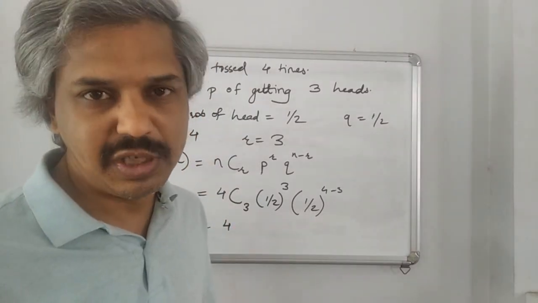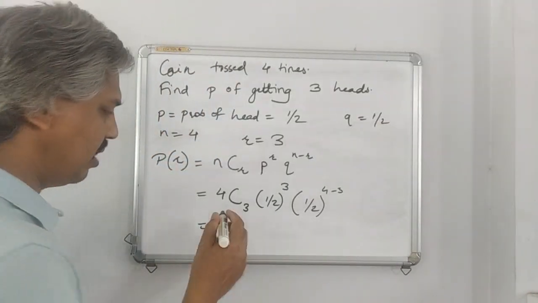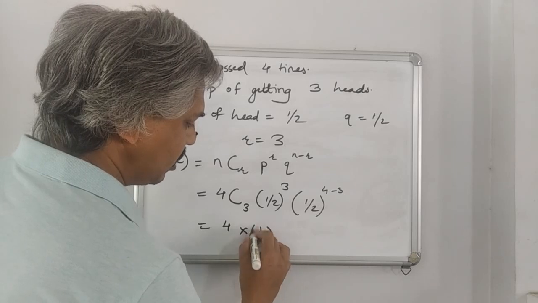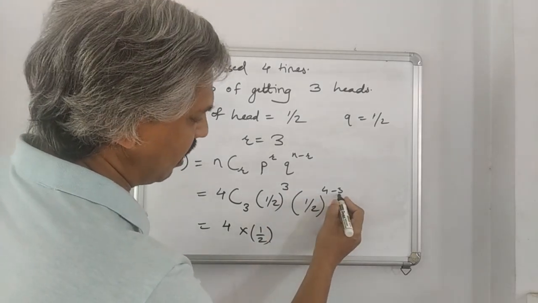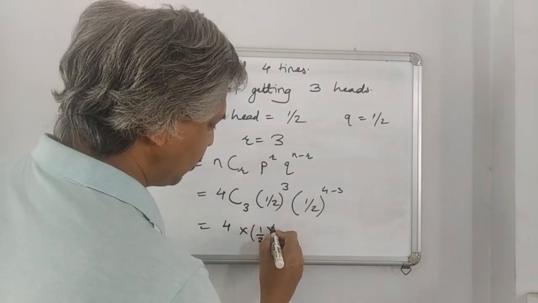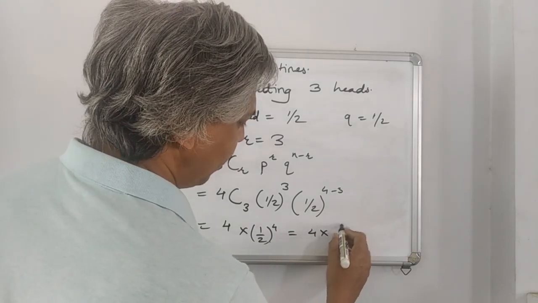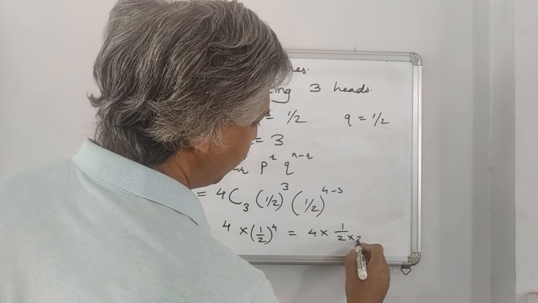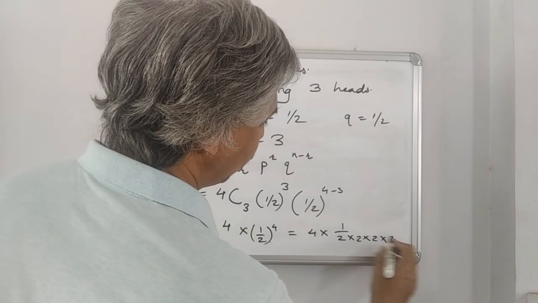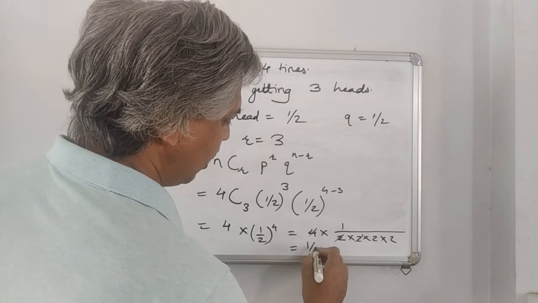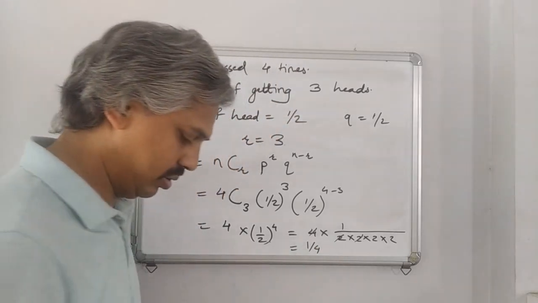If you fail to do that, please meet me, I'll tell you what to do with that. 4C3 answer is 4 multiplied by 1 by 2 raised to 3, and this will be 1. So 1 by 2 raised to 3 plus 1 is 4. 4 into 1 by 2 into 2 into 2 into 2. The answer is 1 by 4.